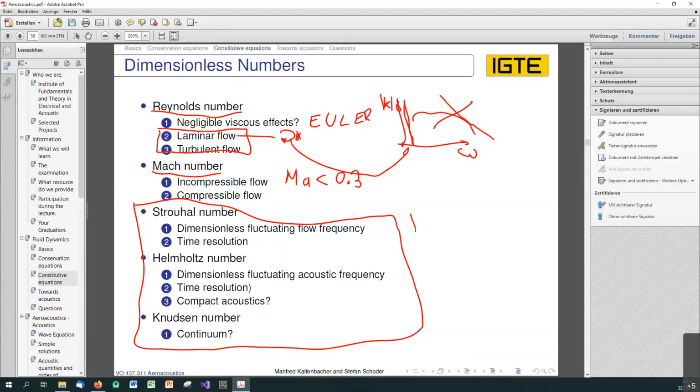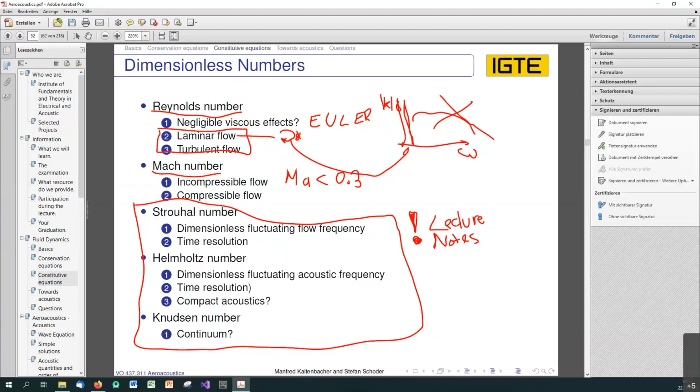Please look these three numbers up in the lecture notes. I think that's it for today.